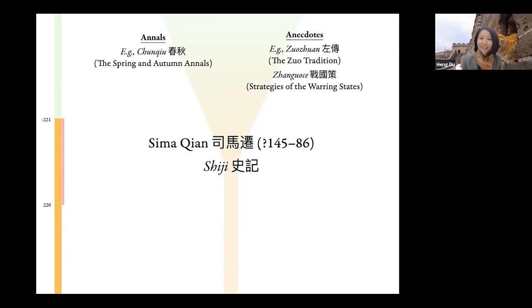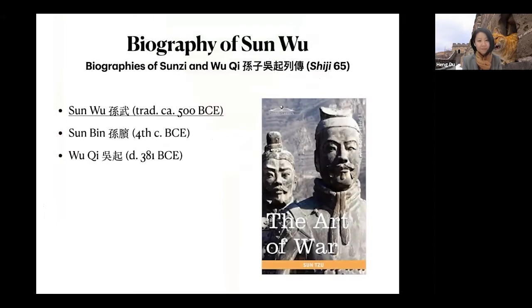So it becomes a little confusing, but such as the 左传 or 三国策, and in a lot of ways, Shiji integrated and combined these two types of historiographical writings.